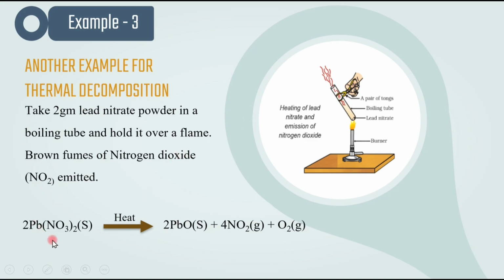In this reaction, lead nitrate decomposes due to the effect of heat and produces lead oxide, nitrogen dioxide and oxygen. In this reaction, a compound gives rise to three products due to the effect of heat, and hence it is an example of thermal decomposition.